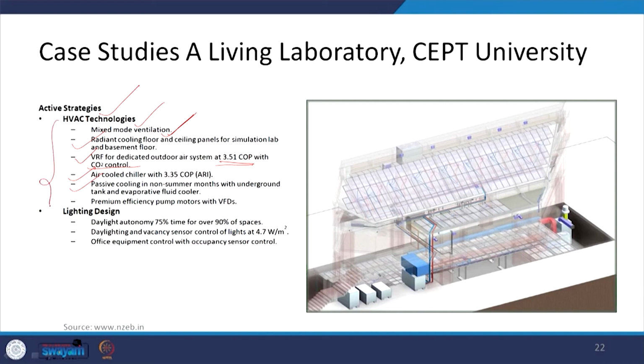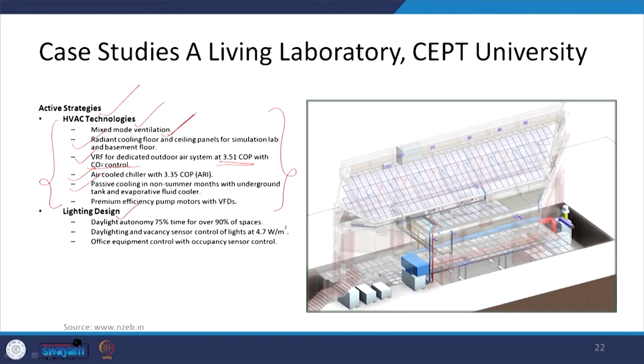All of these together reduced the amount of energy which was required to create indoor environmental comfort, thermal comfort, and the energy requirement was substantially reduced for the HVAC.